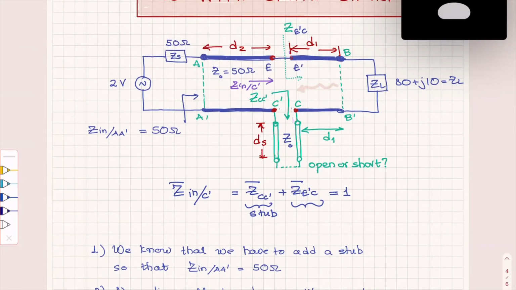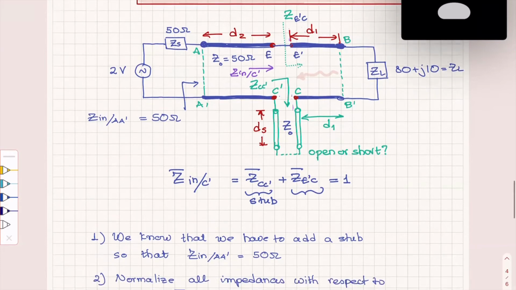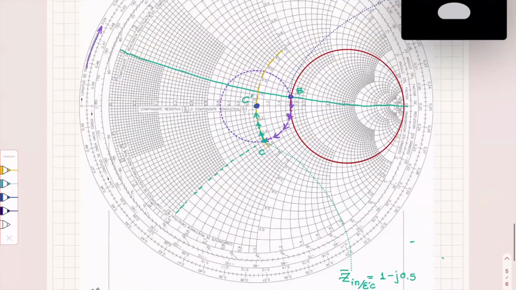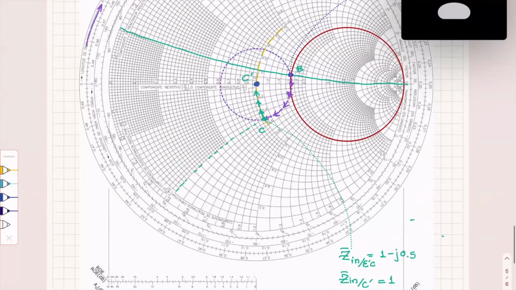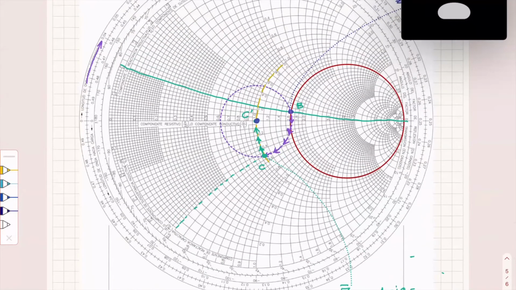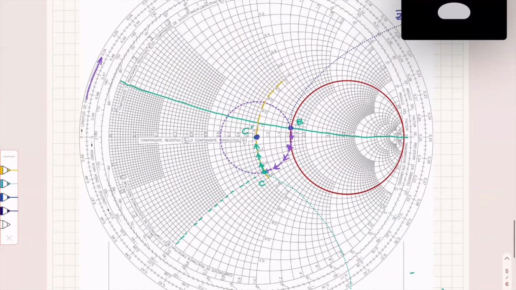Which is the sum of the stub plus the impedance I see from the section of the line D1 in front of the load. Okay, so what I have now to do is to find the distance in wavelengths from B to C. All right, to find the distance from B to C. So see what I'm doing.